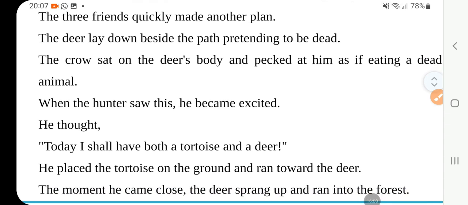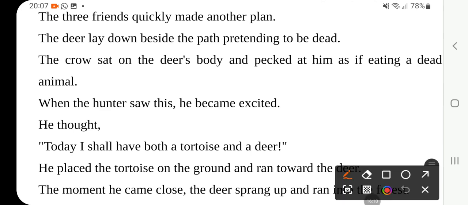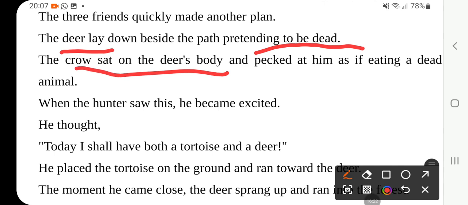The three friends quickly made another plan. The deer lay down beside the path pretending to be dead. The crow sat on the deer's body and pecked at him as if eating a dead animal.